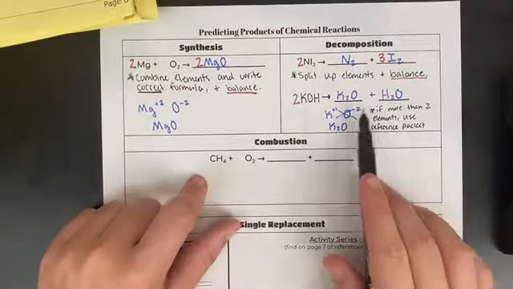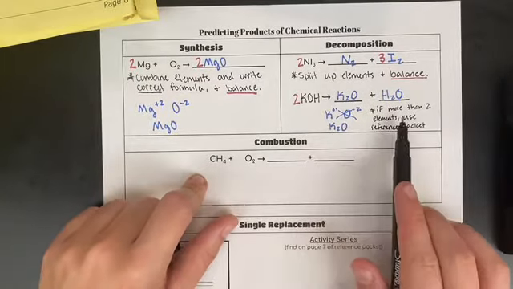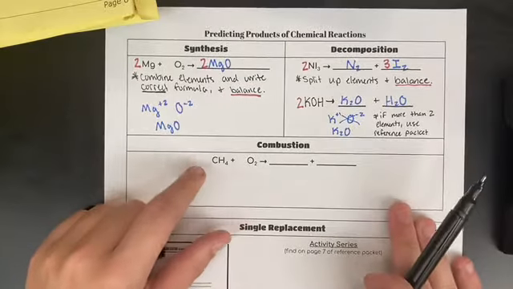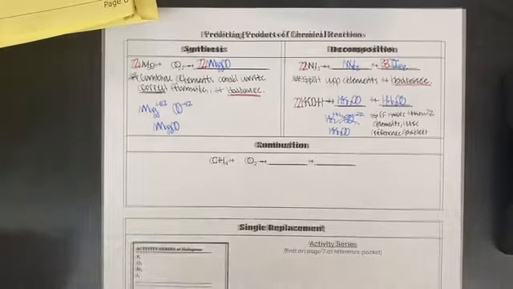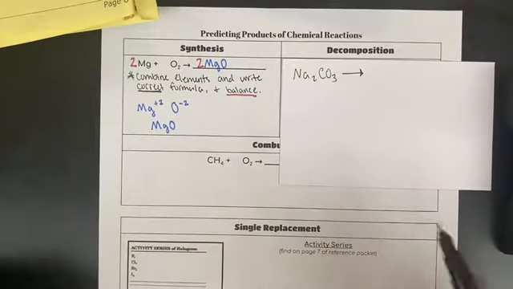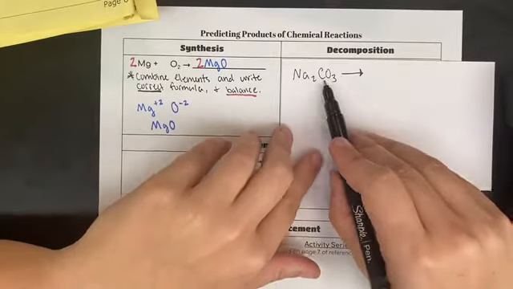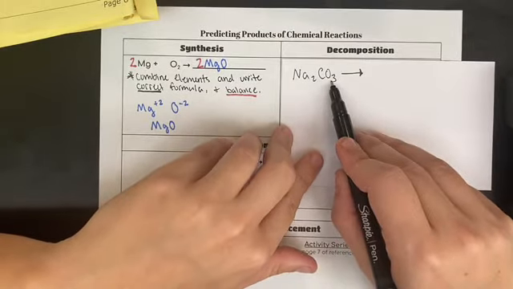So the moral here is that if there's more than 2 elements in a decomposition, you need to look at the reference packet to figure out what's gonna come after. Here's one more example of a decomposition where we're gonna need our reference packet. So I have Na2CO3. I should recognize CO3 as a carbonate.